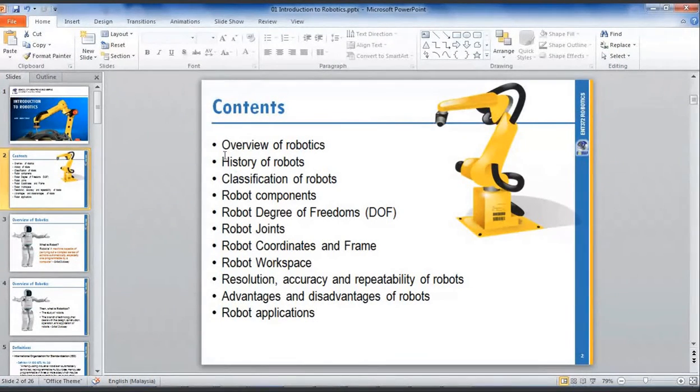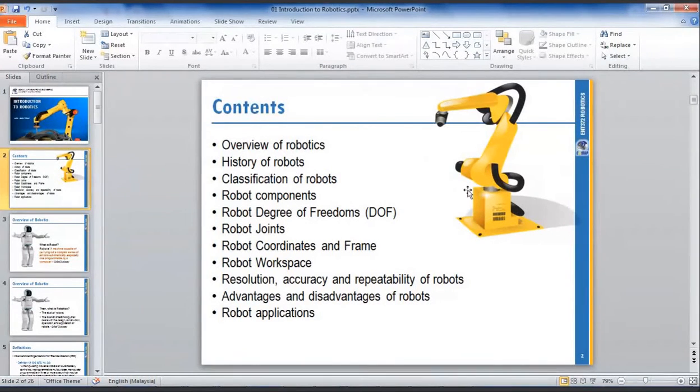Okay, in this topic, introduction. So this is the content of your introduction. Overview of robotic, history of robot, classification of robot, robot component, robot degree of freedom. Degree of freedom means the flexibility of the robot.